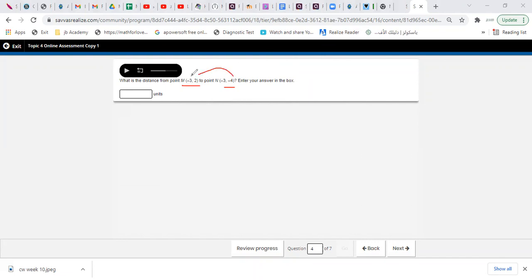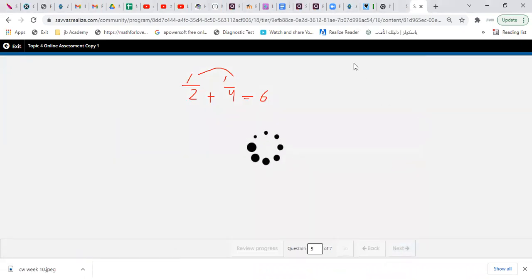We ignore the similar coordinates, and since the different coordinates have different signs, we need to add the absolute values. The absolute value of 2 is 2, and the absolute value of -4 is 4. Now we add them: 2 plus 4 equals 6. So it is 6 units.